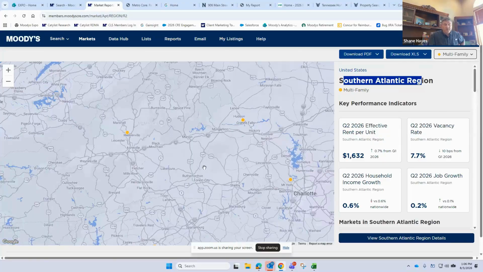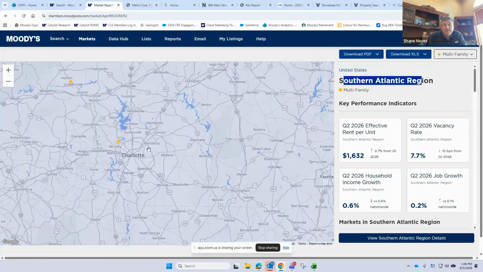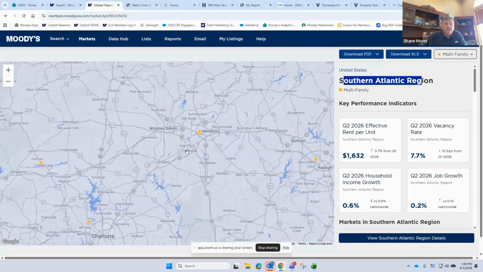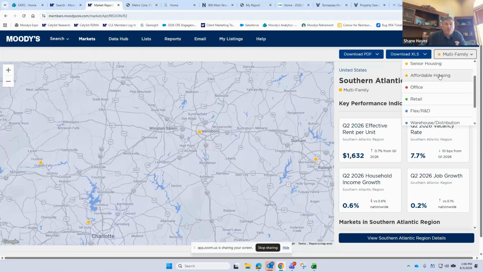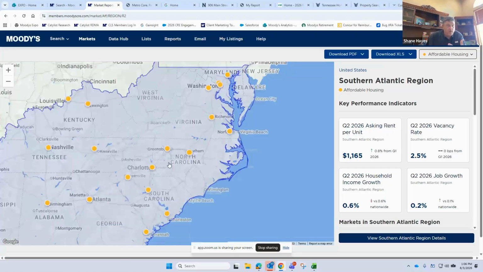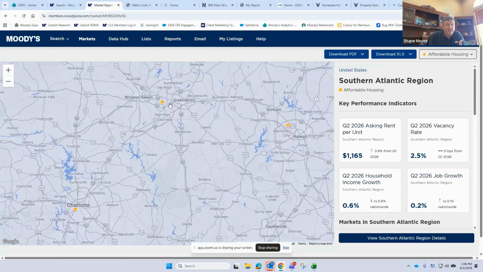As I get a little bit closer, here's Charlotte right here. Let me move in, Greensboro. So you'll see up here you have multifamily. If I go to the example of affordable housing, you can see how those markets are less just because we don't have enough data in certain markets. We do have that here in this area, so we consider this, of course, y'all's market in the area.